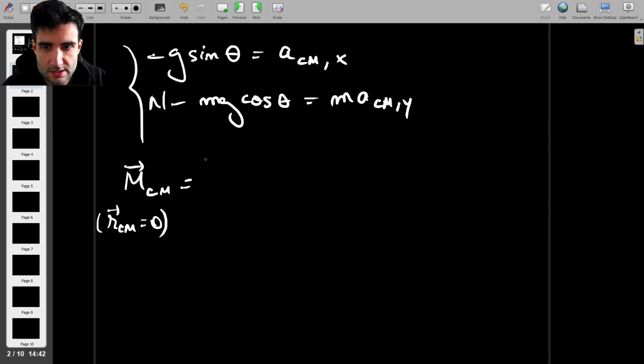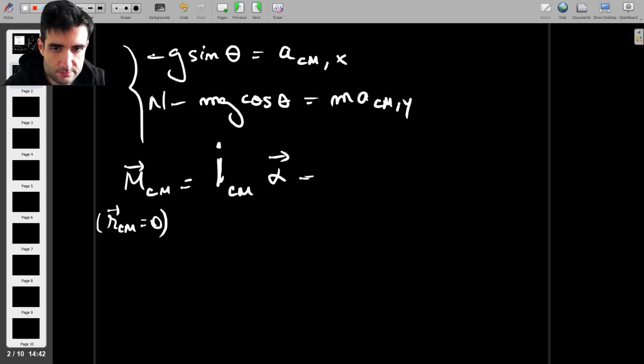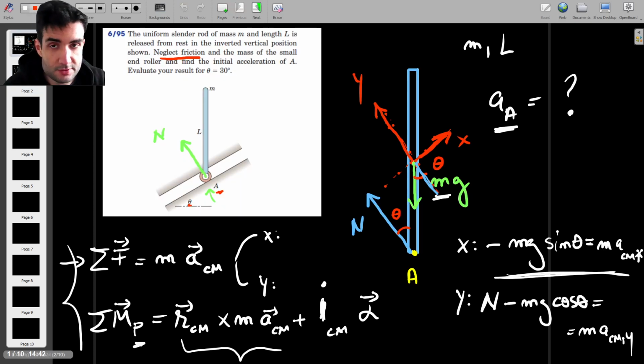So that's 0. So the moment about the center of mass is just the moment of inertia about the center of mass times the angular acceleration, like this. What we do have is that about the center of mass there's only one force which is producing moment, and that force is this n here.